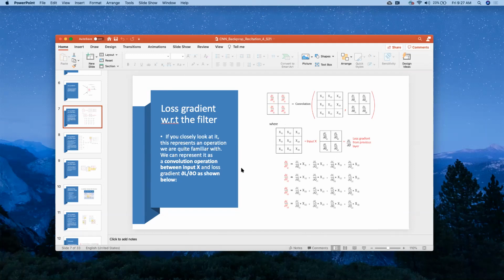So it's n, in our case this is h, plus 2p, sorry, minus nf, which is my filter size in this case, by s and plus 1. And this goes similarly for width as well.